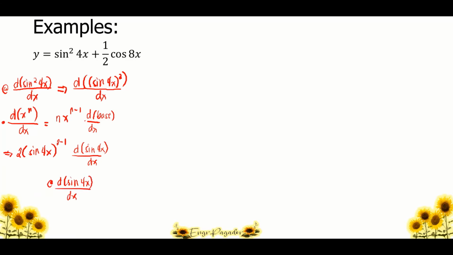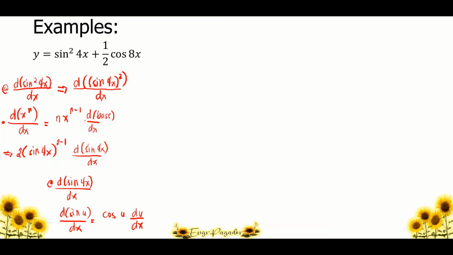Yung formula natin in getting the derivative of sine u: the derivative of sine u with respect to x is equal to cosine u du over dx. Ito ngayon yung formula na susundan natin in getting the derivative of your sine 4x.